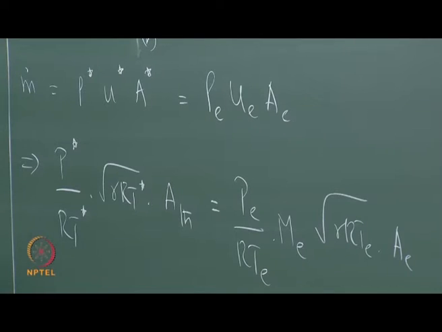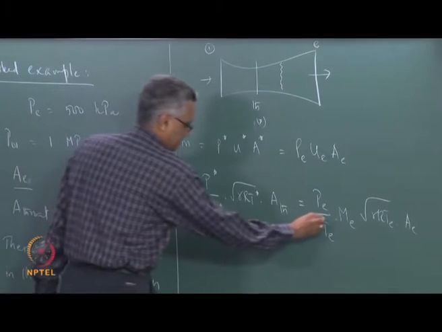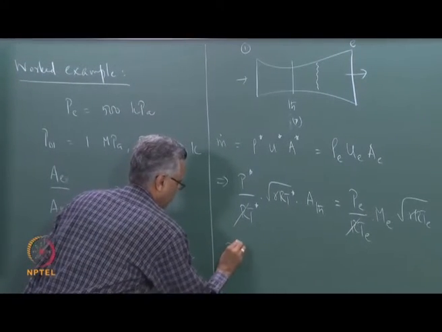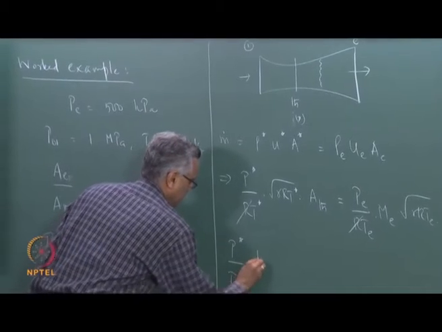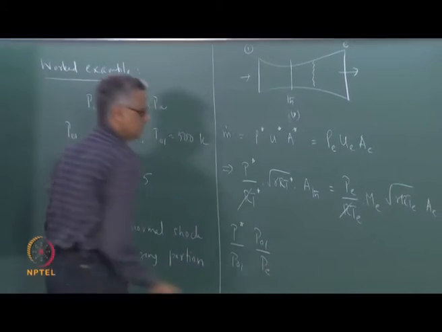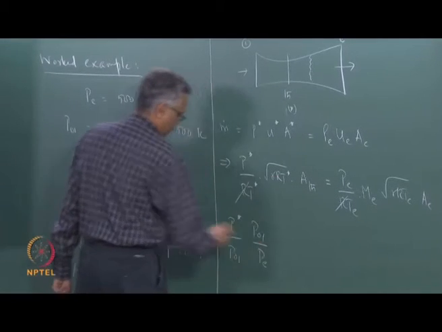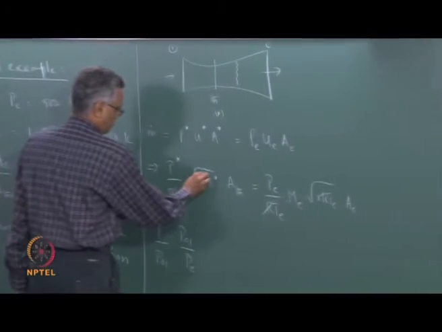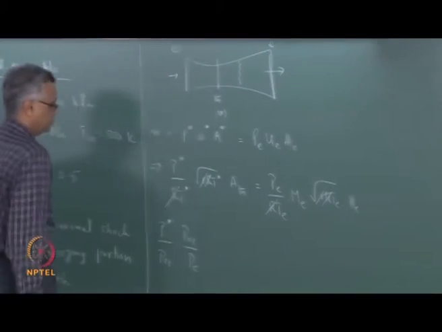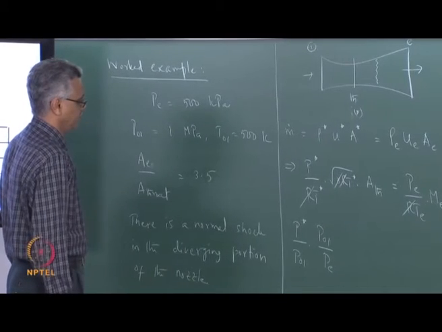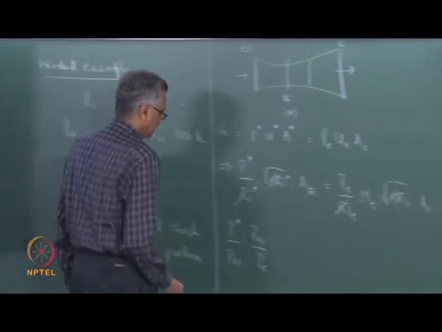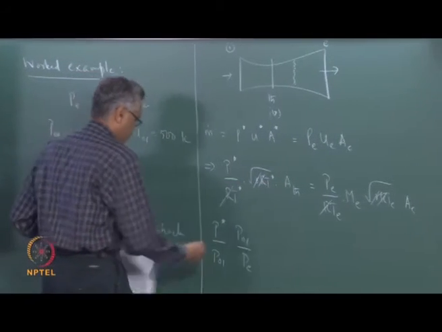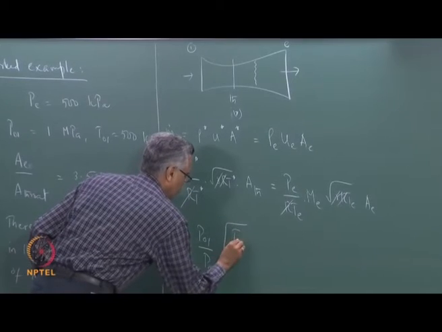Now if I rearrange this expression slightly, notice that I can cancel out these terms here, and if I write this as P star over P01 times P01 over P exit, notice that I have taken the P exit to the denominator here. The square root of gamma R also cancels out from these two, and remember there is a square root of T star here, so I can write this as square root of T0 over T star.